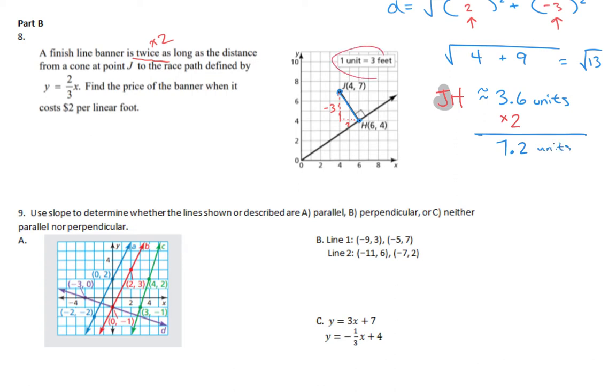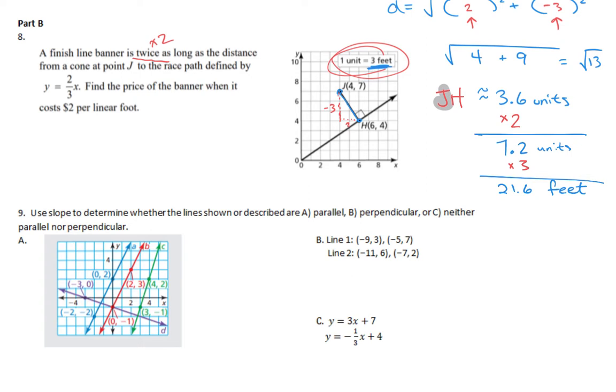Oh, and I almost forgot that this says that each unit is 3 feet. So I also need to multiply by 3 because each box represents 3 feet. So 7.2 times 3 is 21.6. And it was units, but now it's feet. So I know that my banner is going to be 21.6 feet. That's twice the distance of JH.